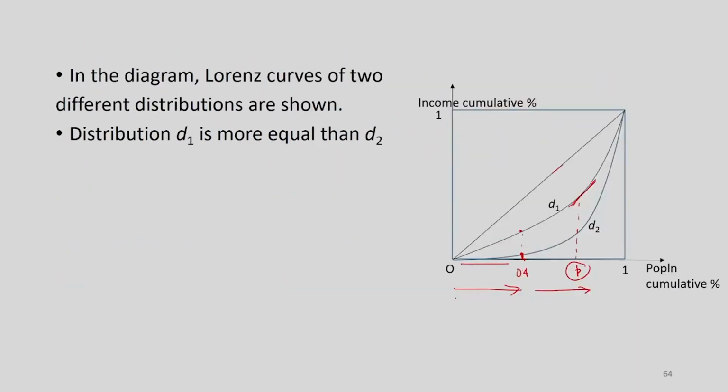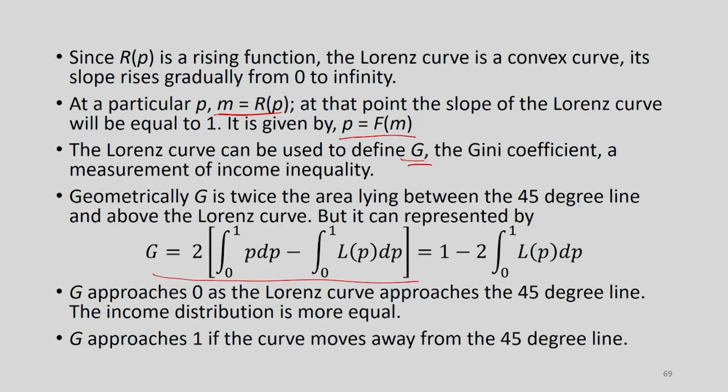Let us suppose I am talking about D1, then the area between the 45-degree line and the Lorenz curve is this shaded region. What is being said is that the Gini coefficient is twice this area.